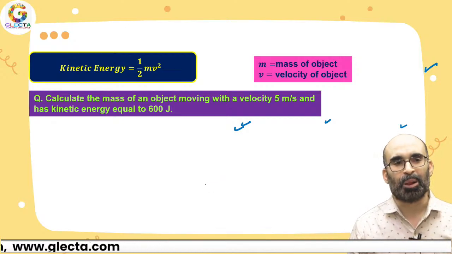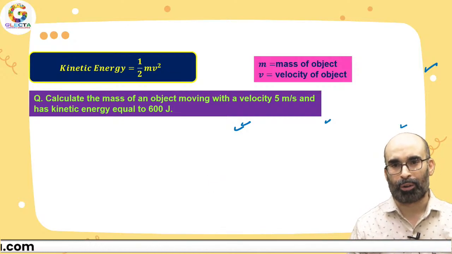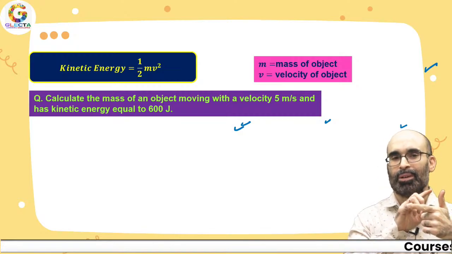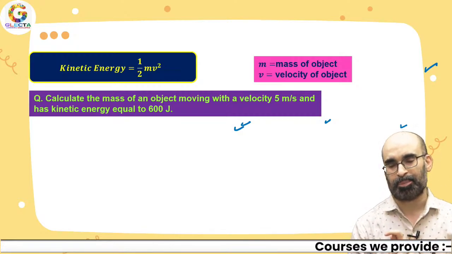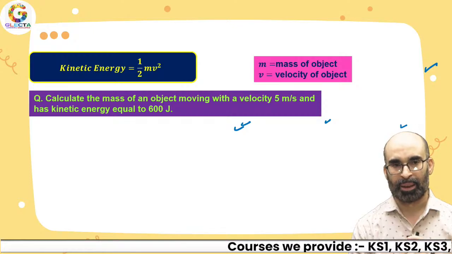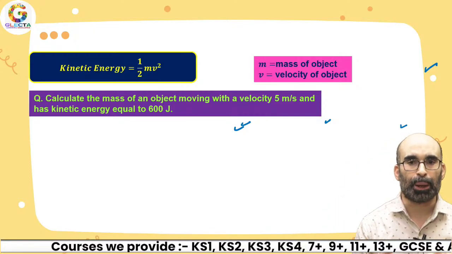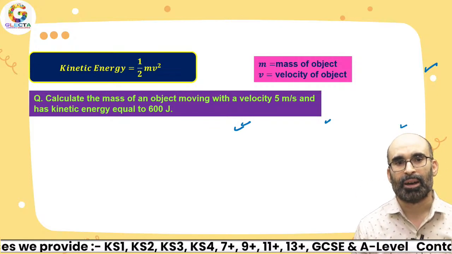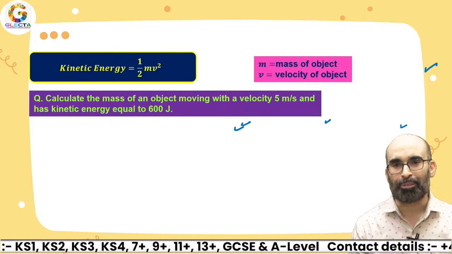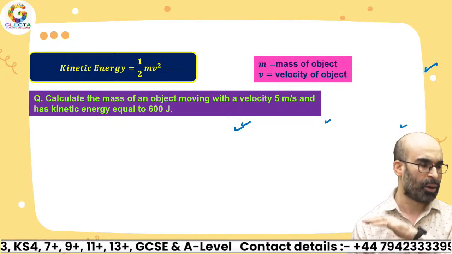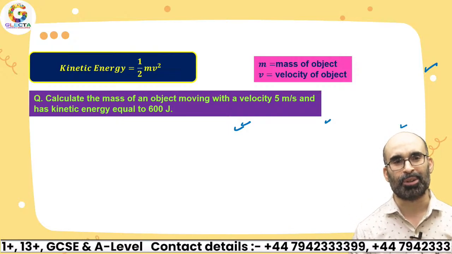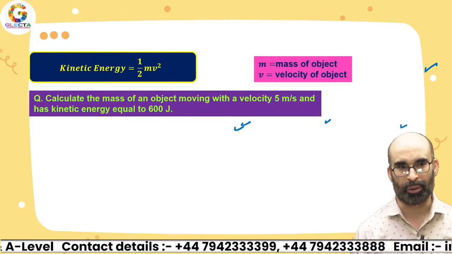If you have speed or velocity, it will do, both will do in fact. Speed squared times mass, half of that. Half times mass times speed squared. If you can do this question, it would be great.